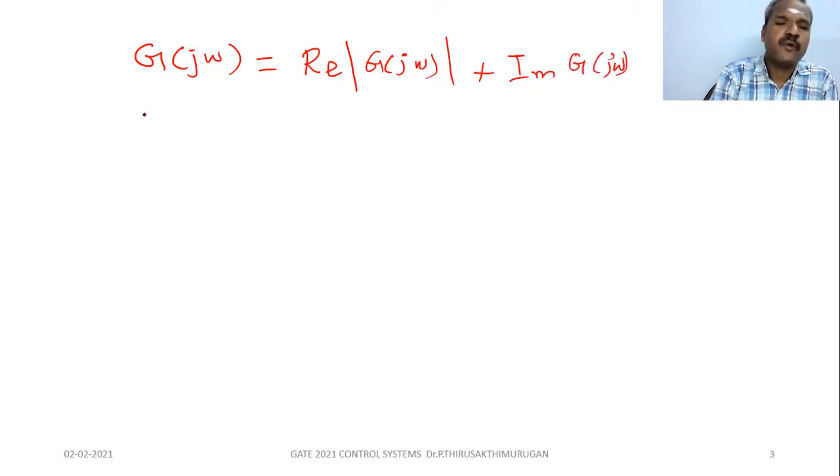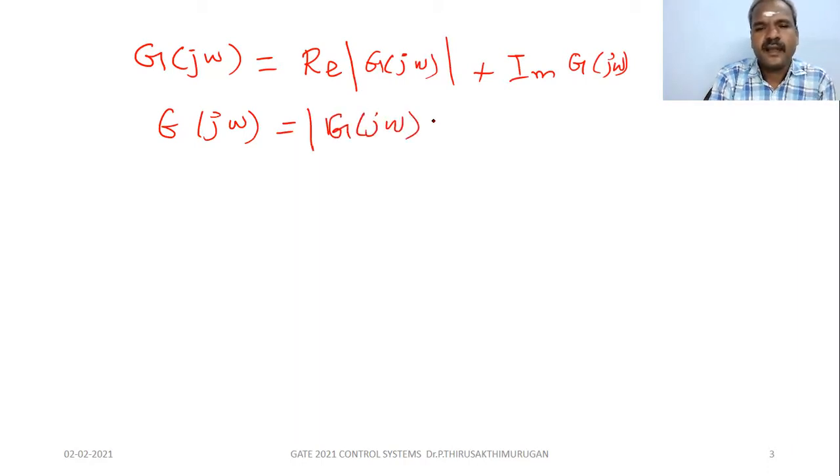In polar form, G of j omega is represented by the magnitude of G of j omega and the phase angle of G of j omega. That's why it is magnitude and phase angle.